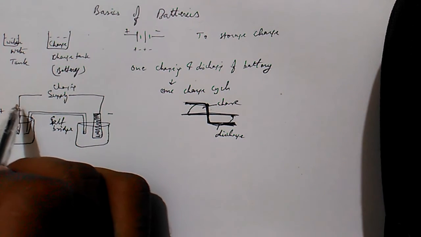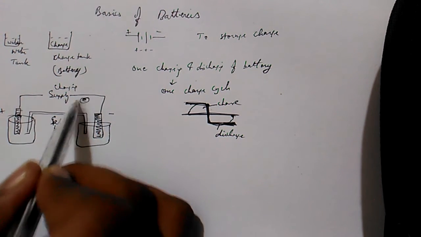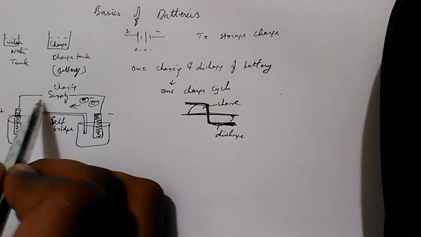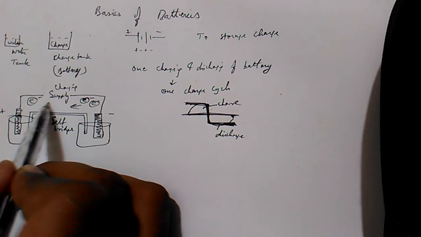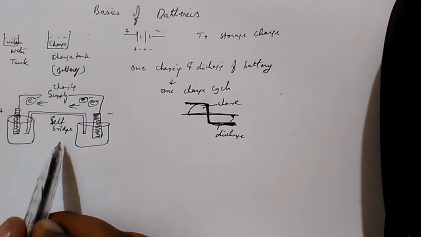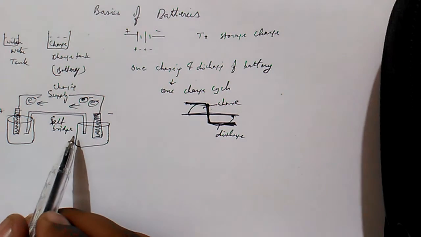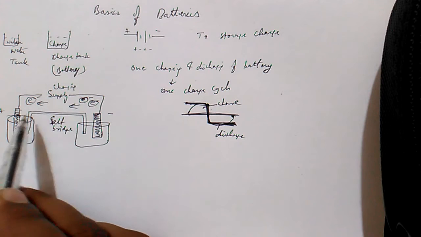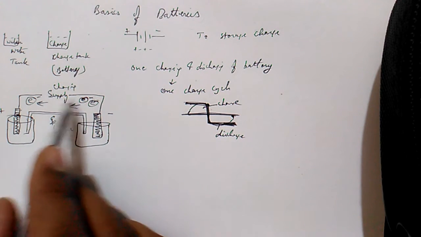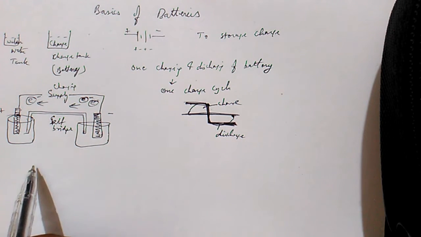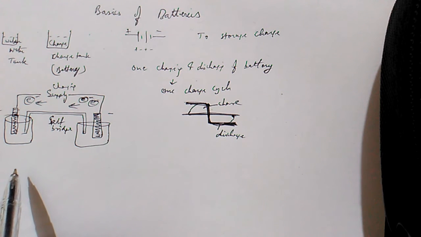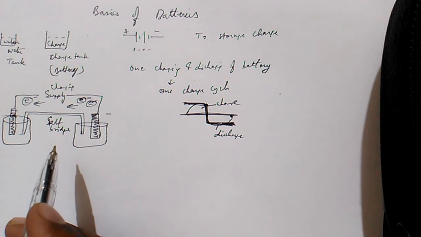So electrons will flow from this side to this side, means from cathode to anode, like this. So like this the charge will flow.